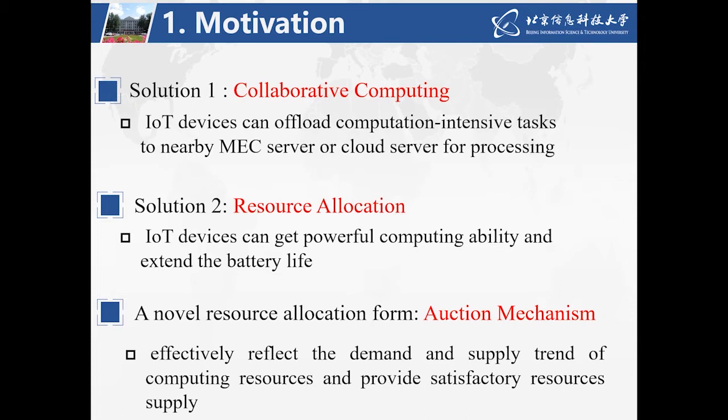For the first drawback, it's an effective scheme to allocate resources for IoT devices in MEC system. IoT devices can get powerful computing ability and extend the battery life. For the other drawback, auction mechanism, as one of the normal resource allocation forms, has drawn widespread attention, which can effectively reflect the demand and supply trade-off of computing resources and provide satisfactory resource supply.